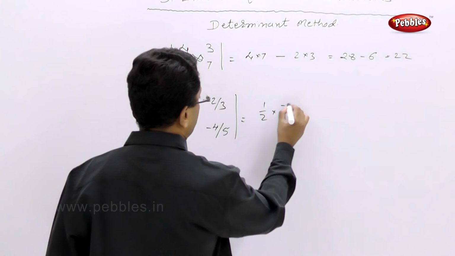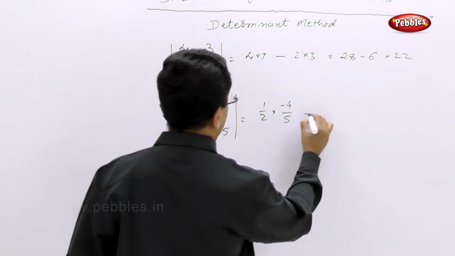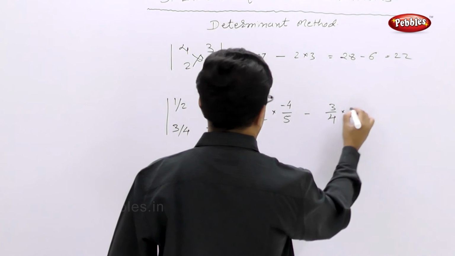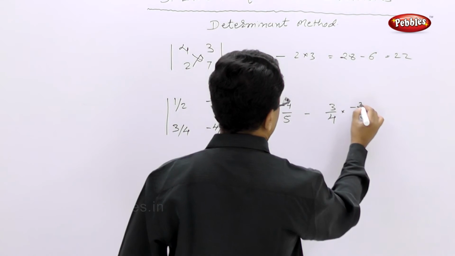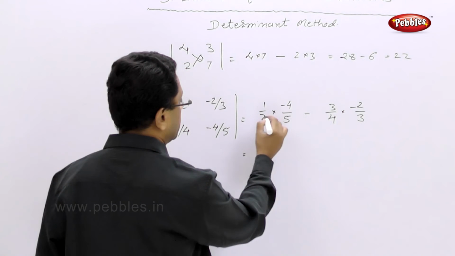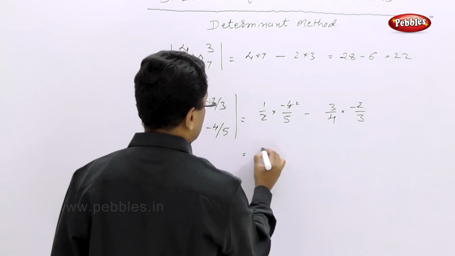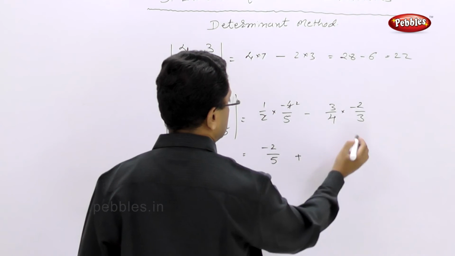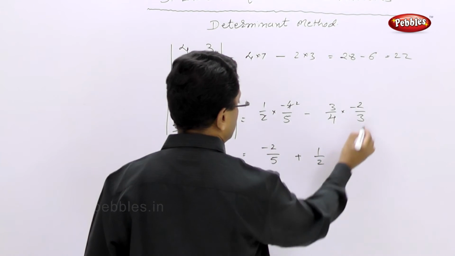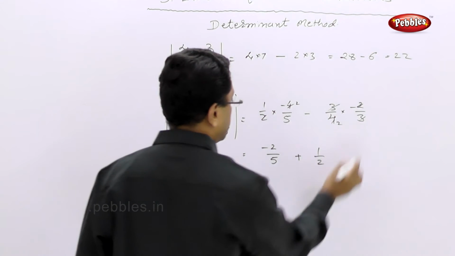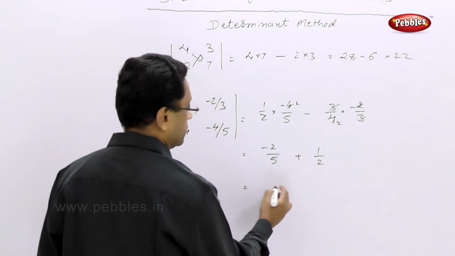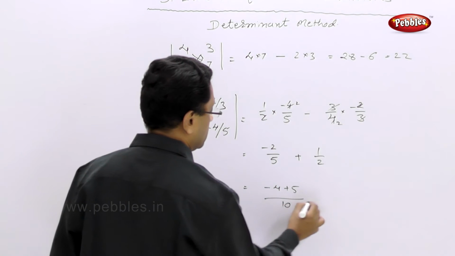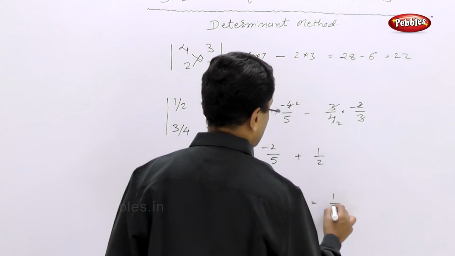Here we get minus 2 upon 5, minus minus becomes plus, and 1 upon 2. These two get cancelled, here we get 2. So we have minus 4 plus 5 upon 10 equal to 1 upon 10.